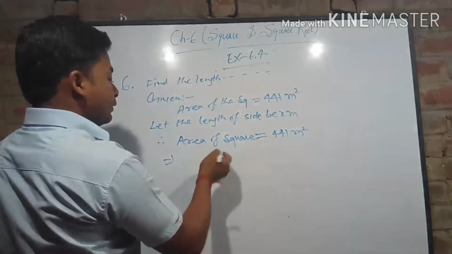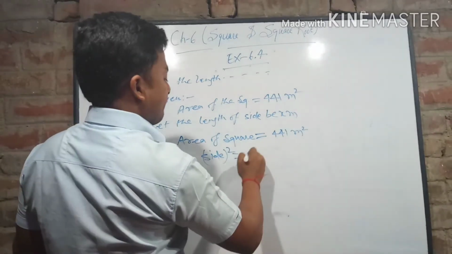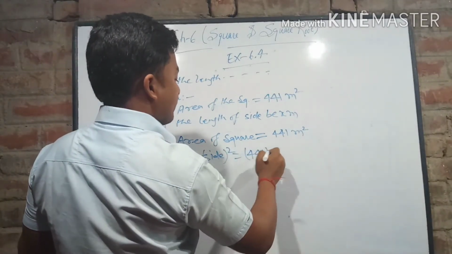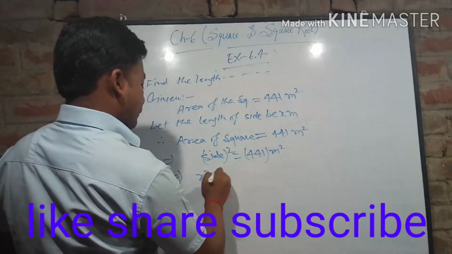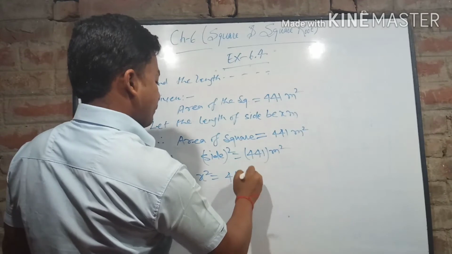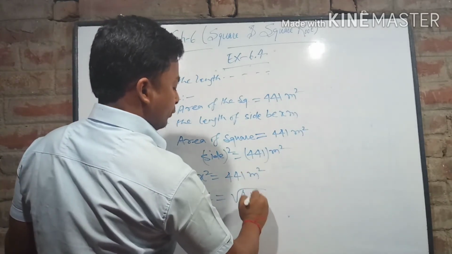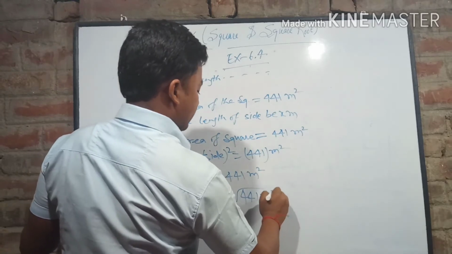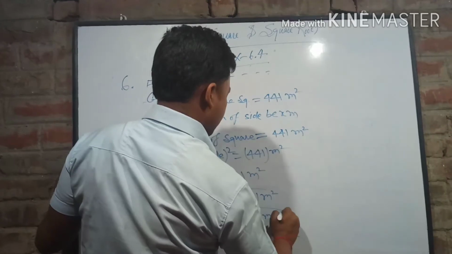And what is the area of the square? Side square. So x is equal to under root 441, and this is nothing but equal to 21 meter into 21 meter.